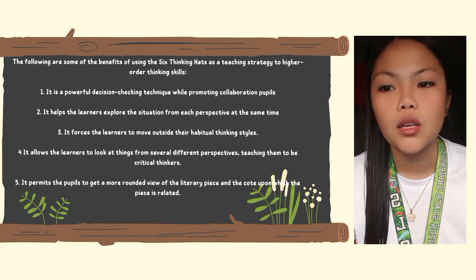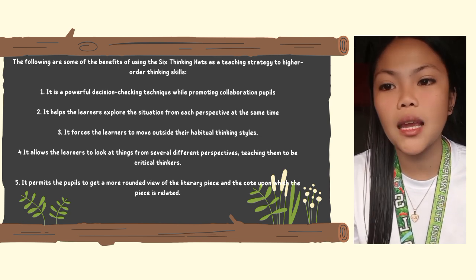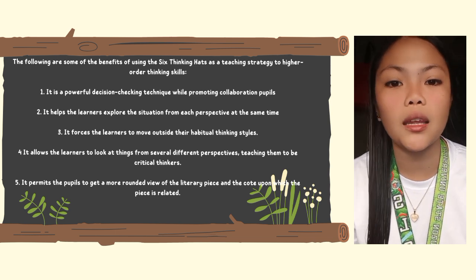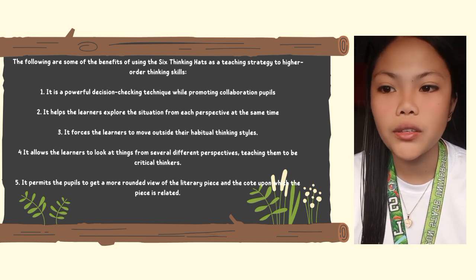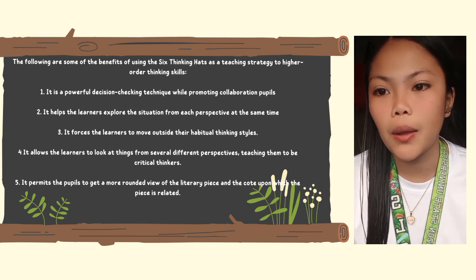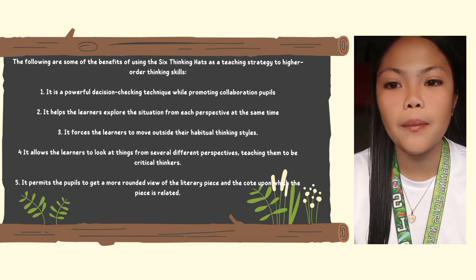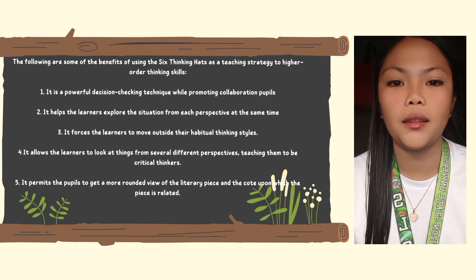The fourth is that it allows the learners to look at things from several different perspectives, teaching them to be critical thinkers. Meaning, the six thinking hats method helps students become critical thinkers by encouraging them to see things from different angles, allowing them to analyze and evaluate information more effectively.